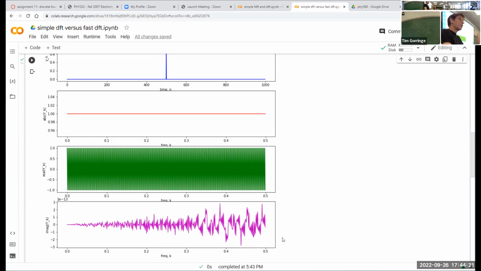And that's in general true, right? If you have a sharp signal in the time domain, it's going to have a lot of frequencies. The reverse of this was like the sine wave we started with. It's spread out in the time domain, but it's a single frequency in the frequency domain.